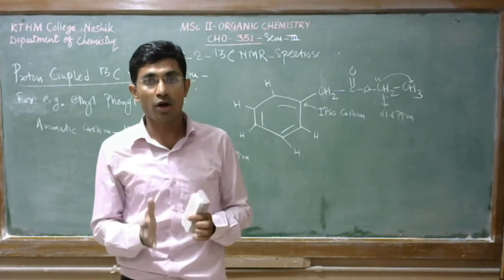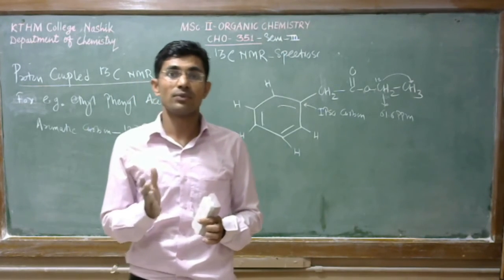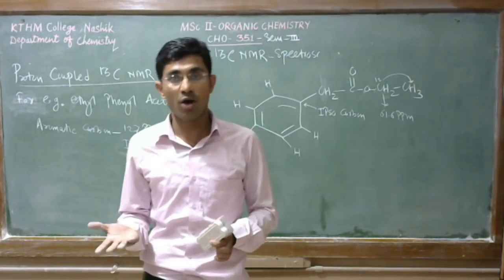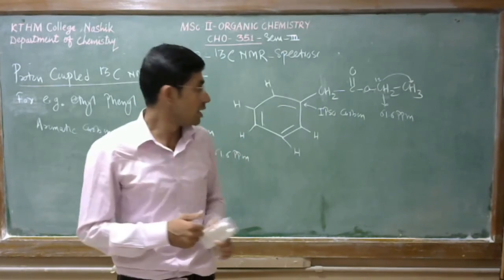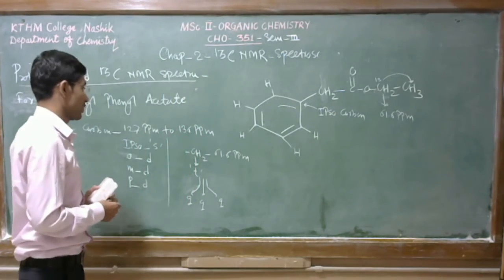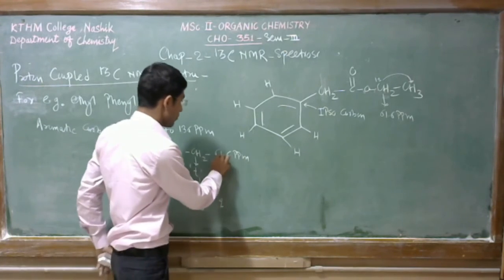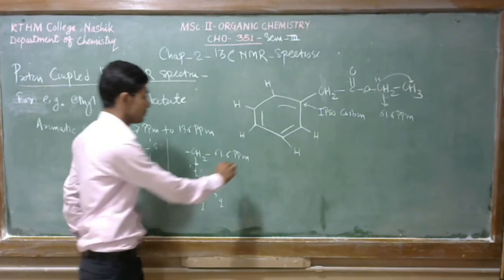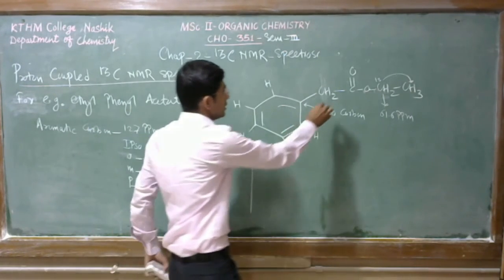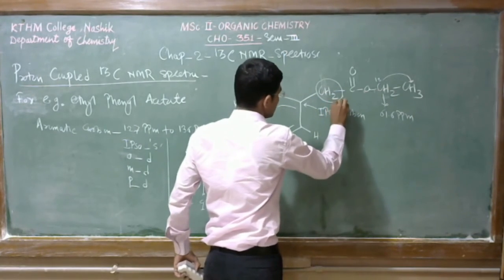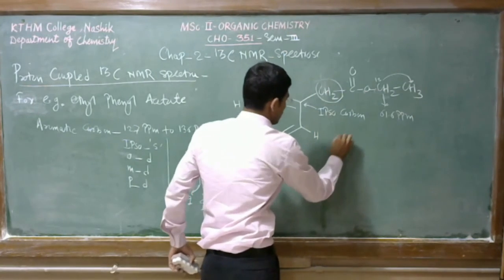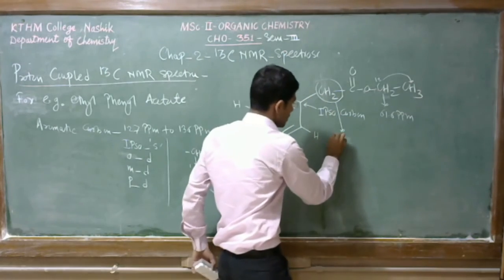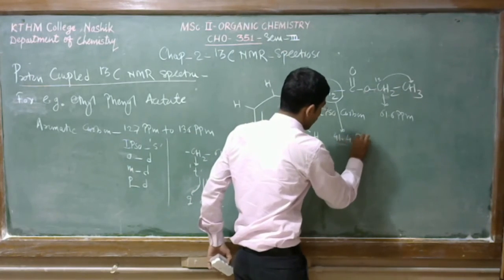So coupling of proton with carbon through several intervening bonds is also possible in proton coupled 13C NMR. Like this, the 61.6 ppm triplet is further split into quartets. Also, this methylene carbon which is attached to the carbonyl is observed at 41.4 ppm.